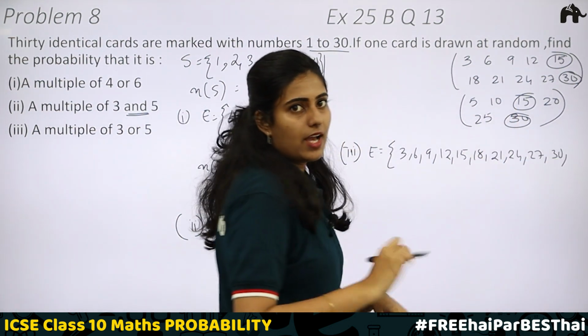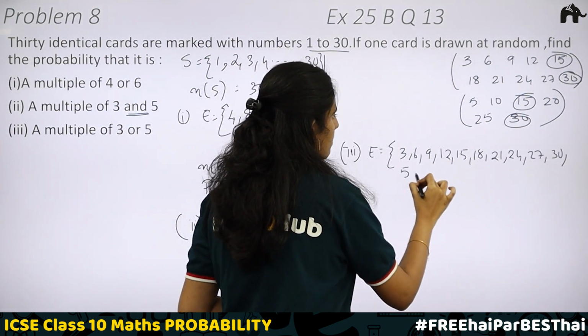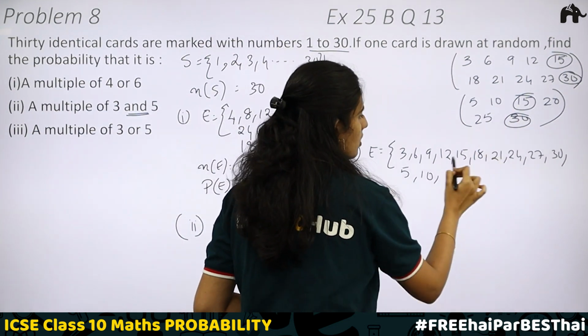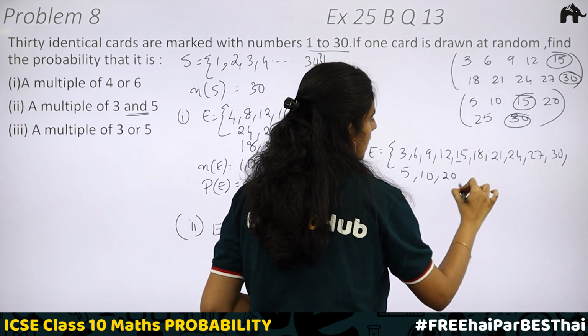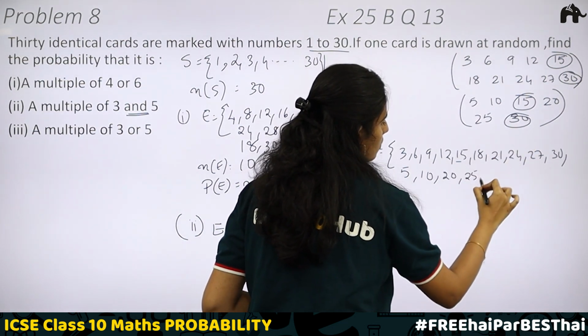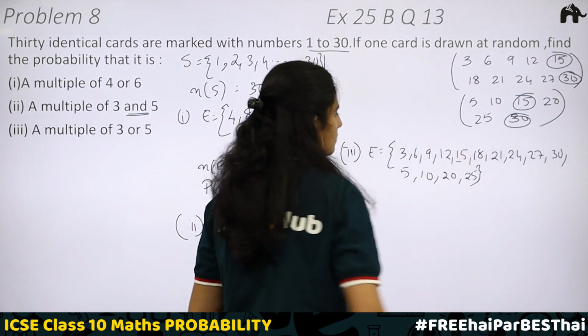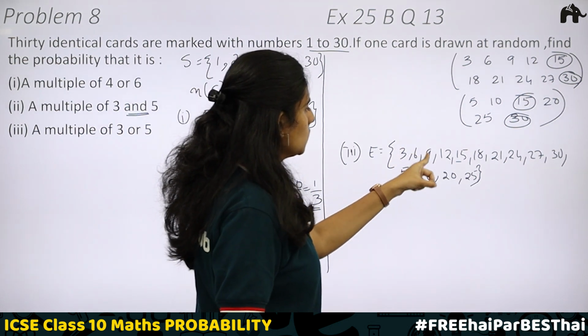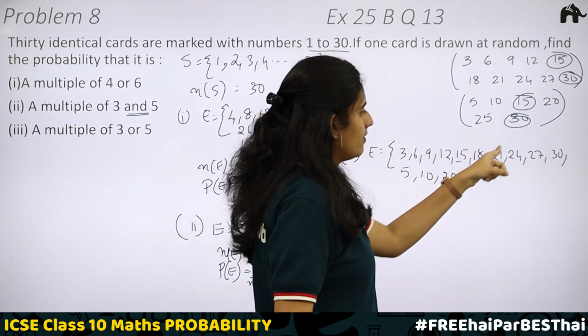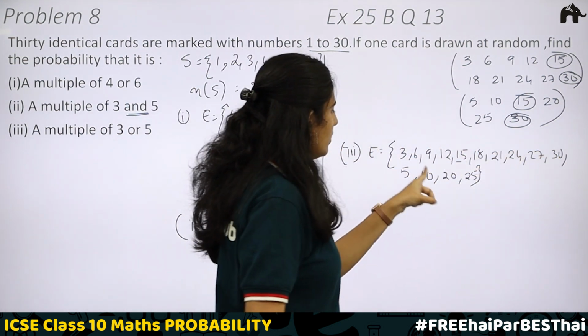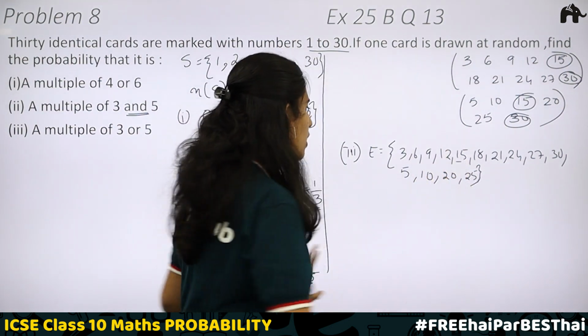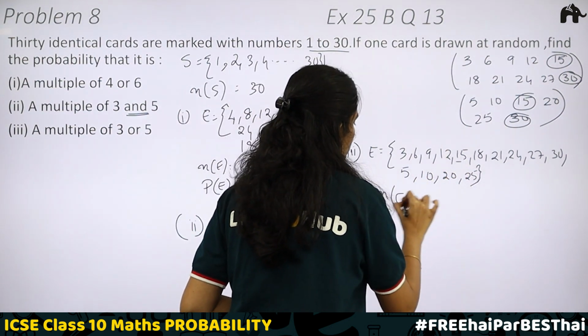Then the multiples of 5 can also be included: 5, 10, 15 is already taken, 20, 25, 30 is also already taken. Now counting 1, 2, 3, 4, 5, 6, 7, 8, 9, 10, 11, 12, 13, 14. We have 14 outcomes favorable to the event.